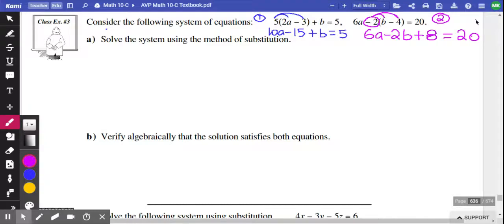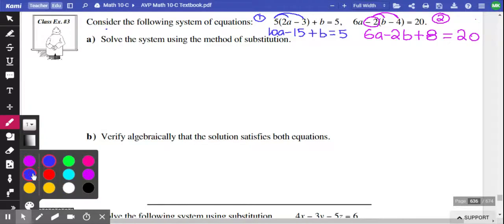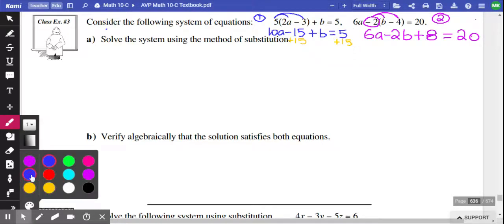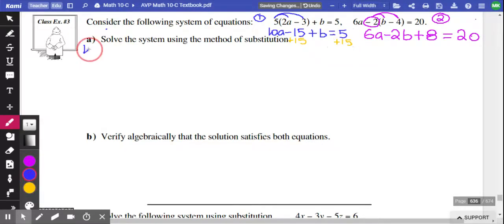Okay, let's start with equation 1. I'm going to add 15 to both sides, plus 15 to move that to the other side. And I'm going to start writing on the left over here, just because I need the space. That gives me 10a plus b equals 20.